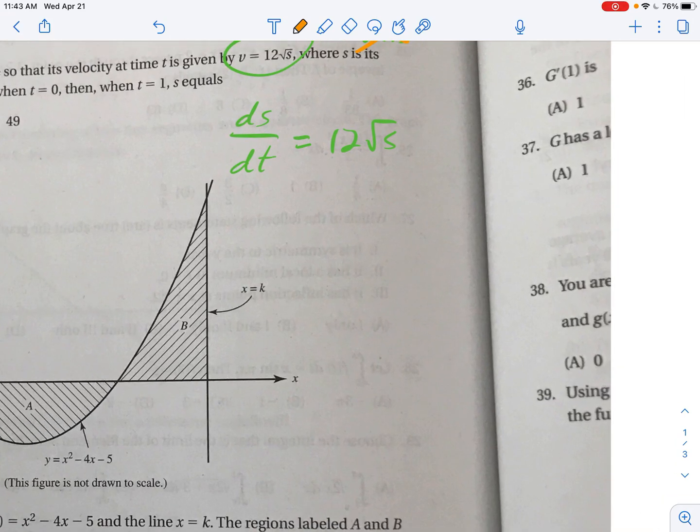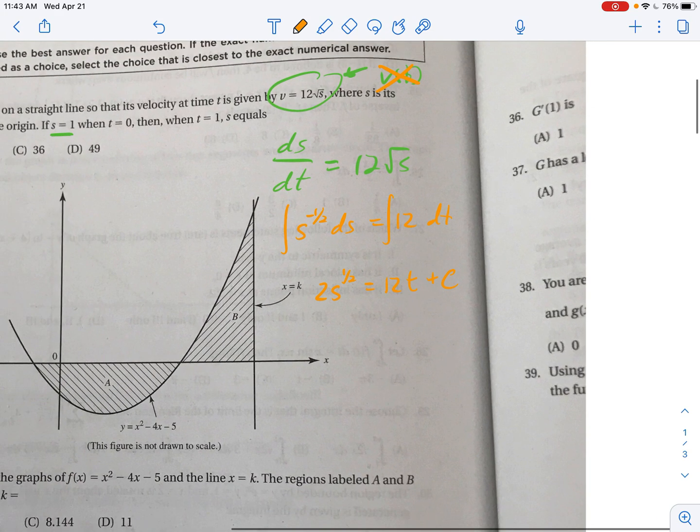So by separation of variables, I would have s to the negative 1/2 ds equals 12 dt. Integrate. So here s to the 1/2 with a 2 in front of it. Here 12t plus c.